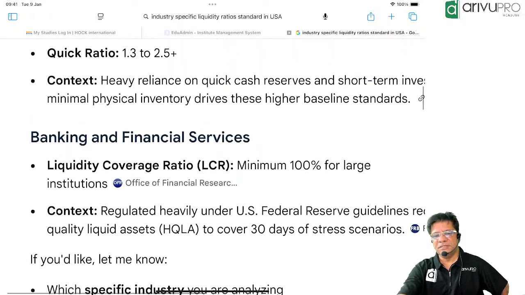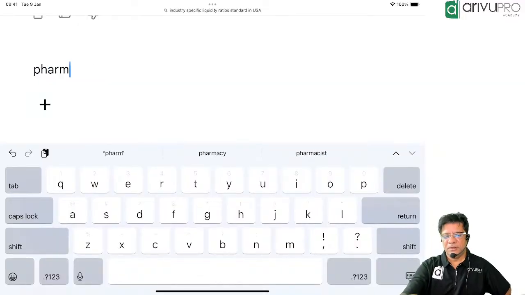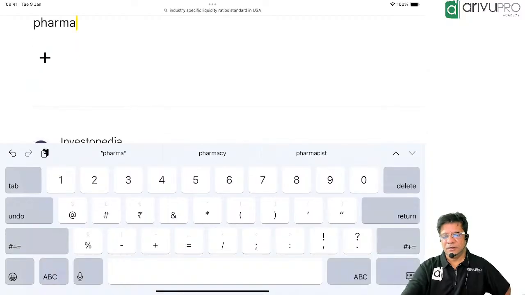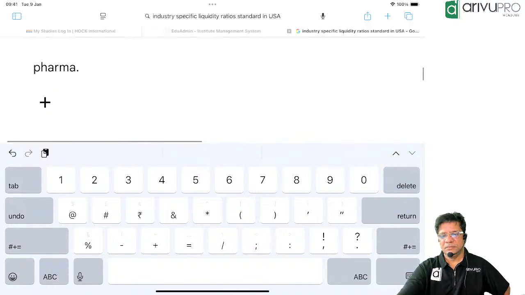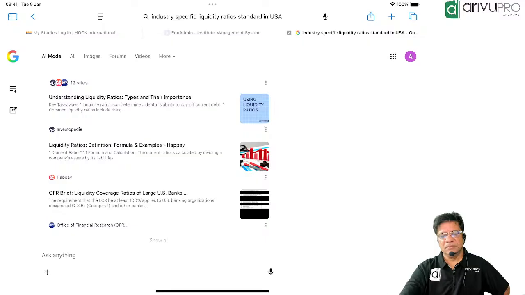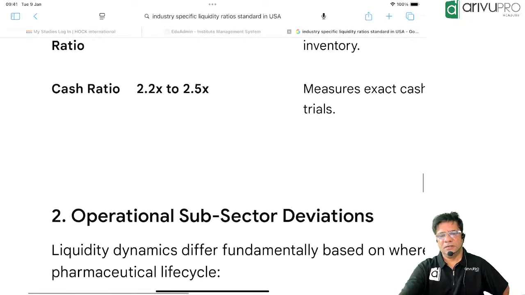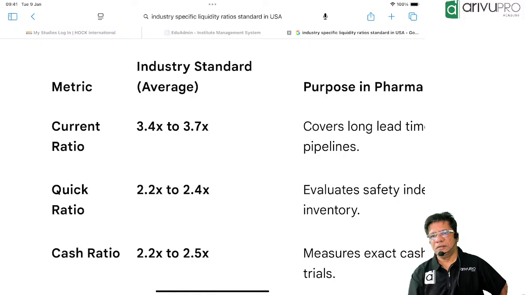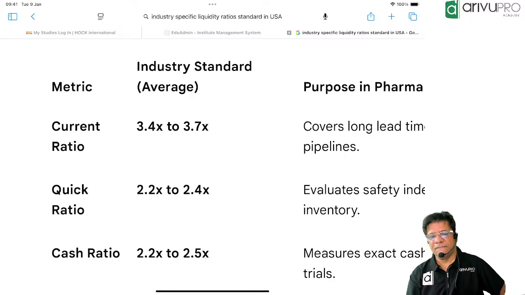These are the industry averages, industry based, not country based or government. For example, if your company is a pharmaceutical company, you come under the pharmaceutical industry, yes or no?